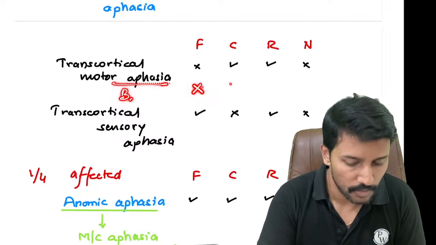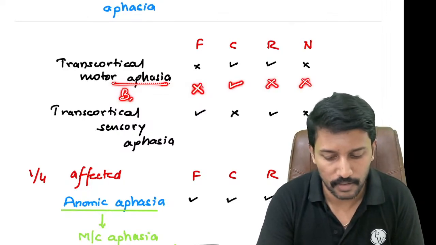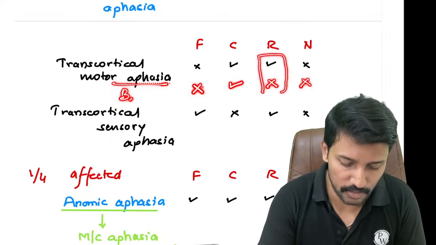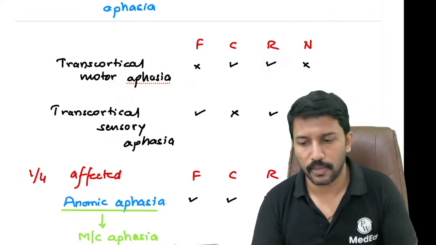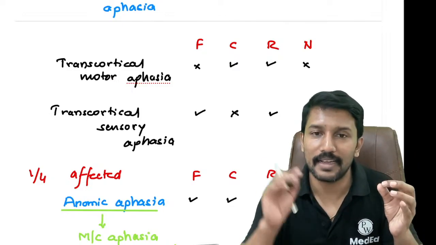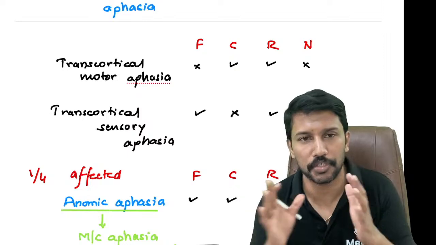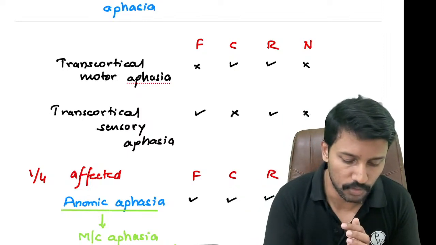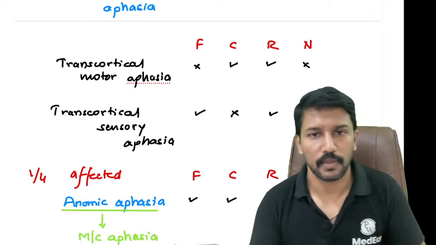Fluency is gone, comprehension is intact, repetition is gone, naming is gone. Again, what is the difference between Broca's and transcortical motor? It is the intact repetition. So Broca's aphasia with intact repetition and Wernicke's aphasia with intact repetition is what we call transcortical motor and transcortical sensory aphasias respectively. Clear?